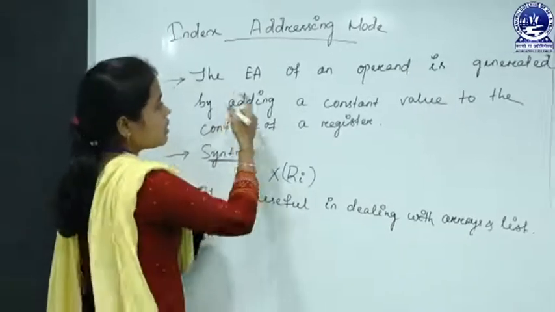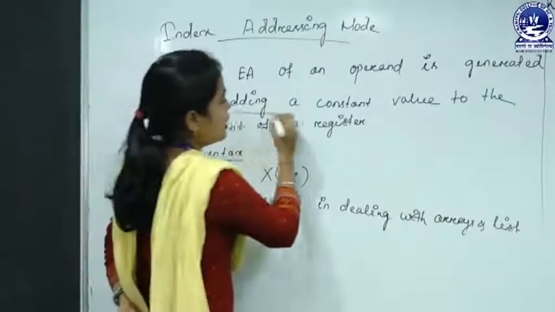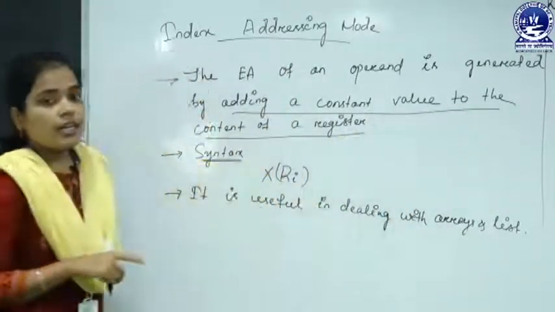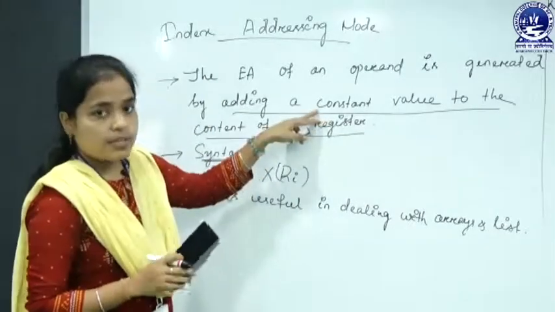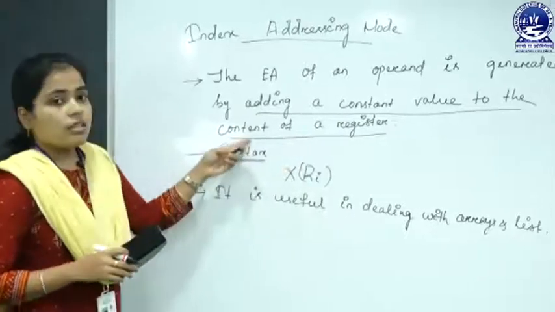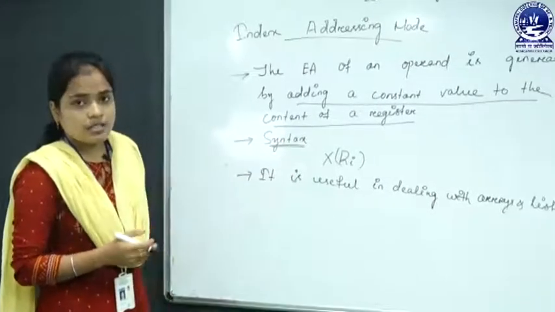That means the effective address of an operand is generated by adding a constant value to the content of a register. That constant value is called the offset value, and the register which contains the location is called the index register.